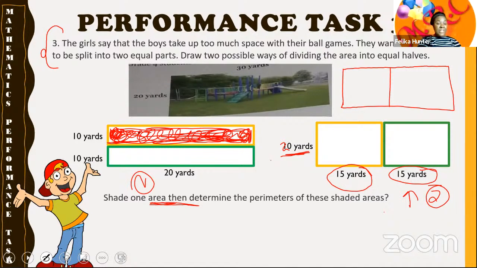If we're supposed to fence this around, what would be the perimeter for this area? This is shade one area, shade that area. And I hope everyone is doing this in their book. So we shade our one area. And the next is determine the perimeter. So I'm going to give you a minute to determine the perimeter of that part that I've shaded.